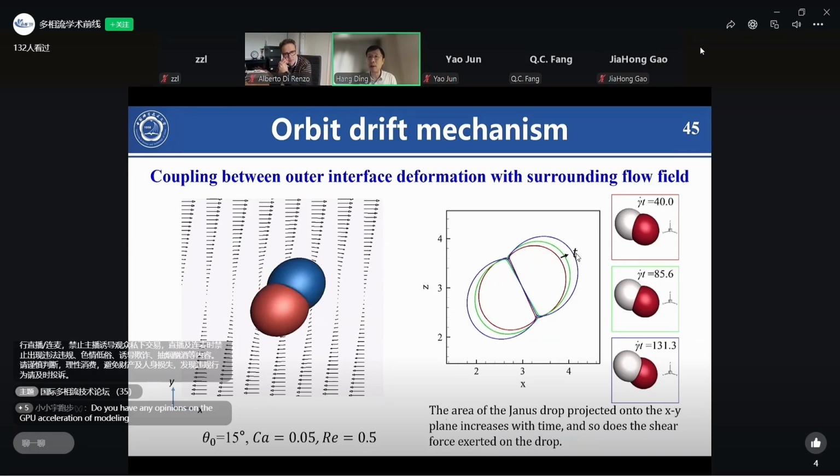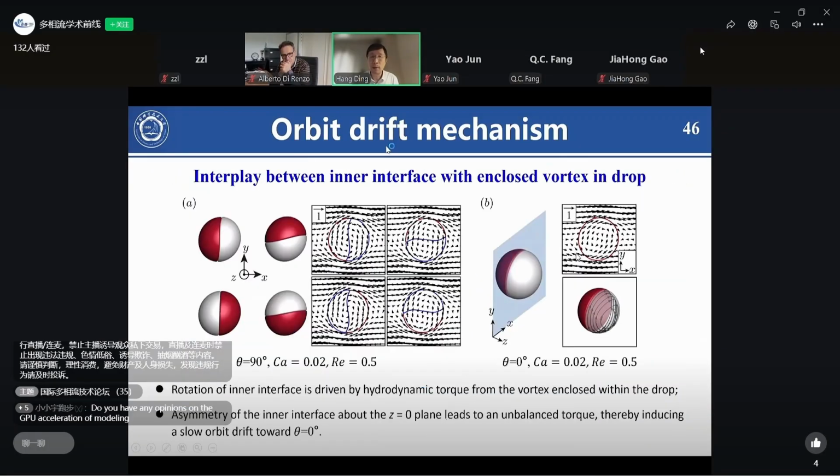That means it makes it further elongated. So the deformation keeps increasing until it reaches 90 degrees, where the deformation becomes the maximum. That's why this orbit drifts like this way.